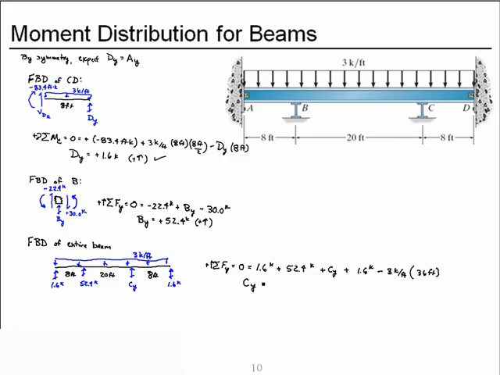Add these all up, solve for Cy, and I get a positive 52.4 kips, which is exactly the same as By, which from the symmetry of this particular problem we would expect.